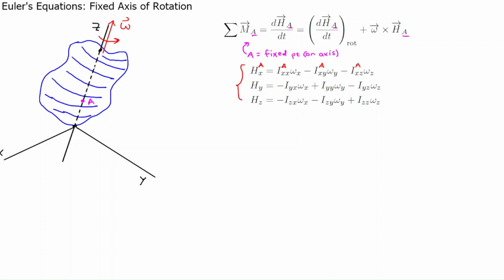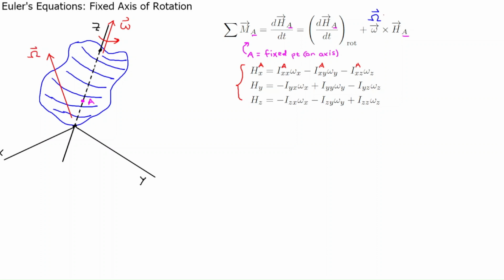What we're going to be doing here with this version of Euler's equations, the lowercase omega that exists in this cross product, in general, doesn't have to be the lowercase omega that corresponds to the rotation of this body. It could be some other angular velocity vector. Maybe there's some other rotation going on.